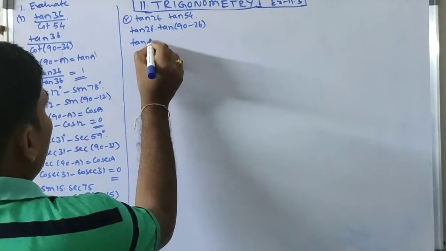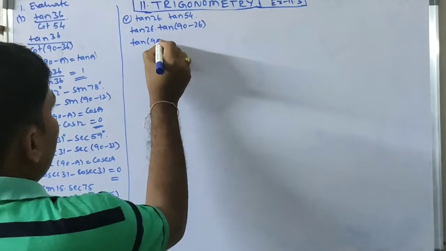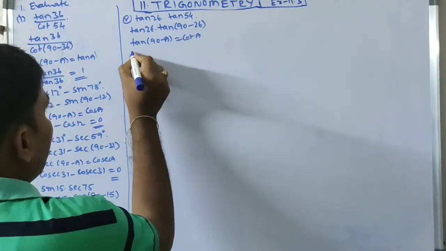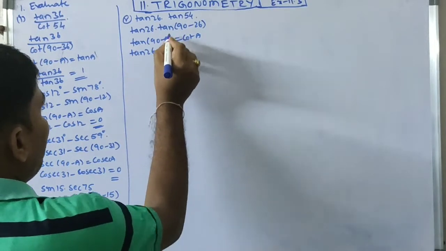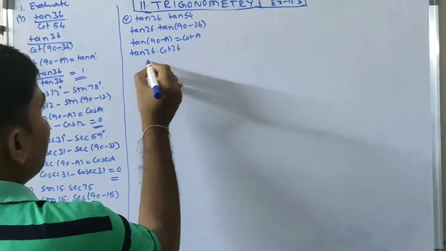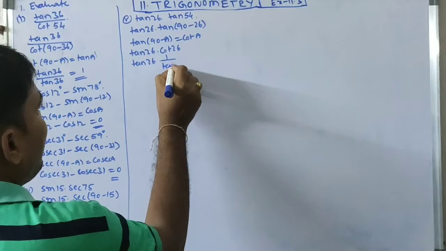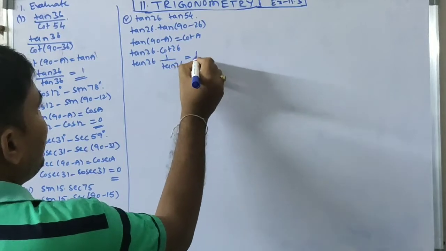Tan of 90 minus A equals cot A, so tan 26 into cot 26. Cot equals 1 by tan, so tan 26 into 1 by tan 26. Tan 26 cancels, we will get 1.